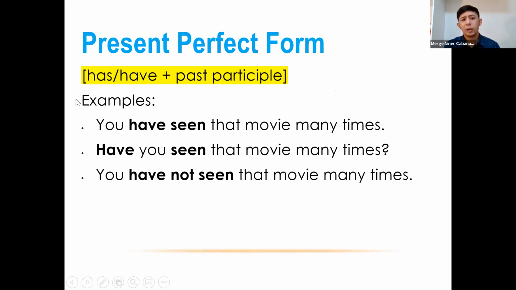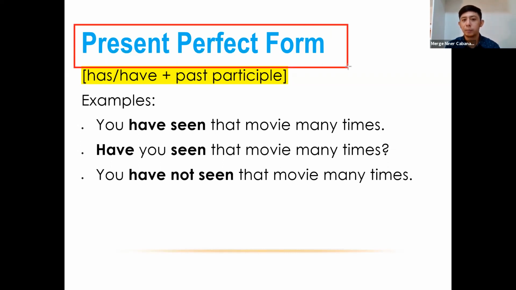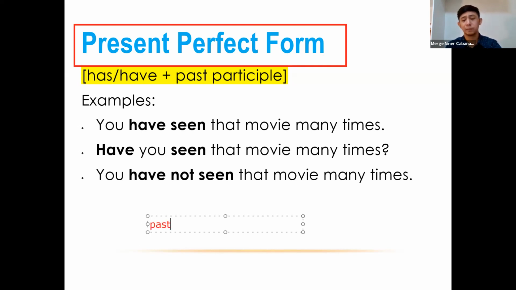All right, present perfect form. Okay, this one is quite tricky because it says here that it's present perfect, yet we are going to talk about the past. An event that occurred in a time before now. So to make things simple, an event that occurred before now is an event that occurred in the past.